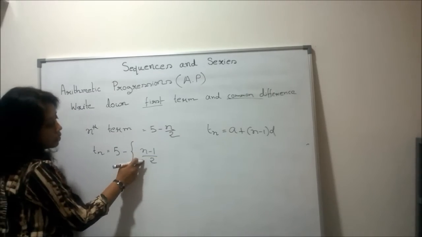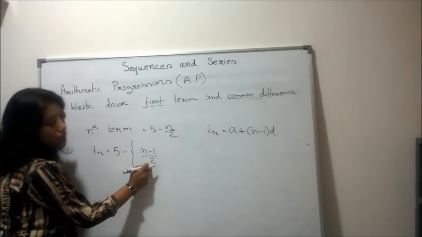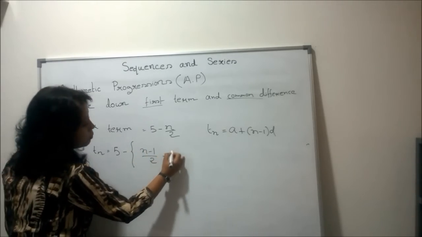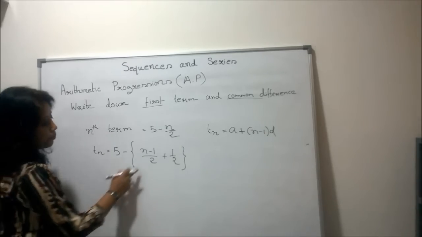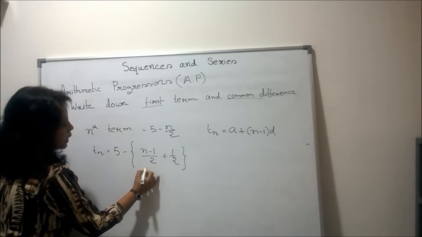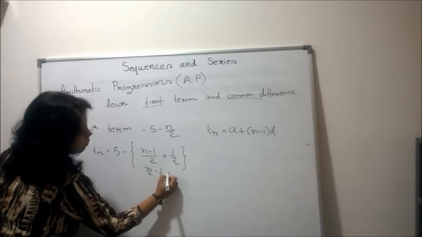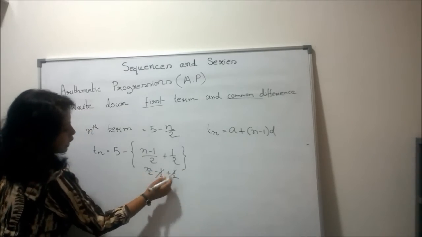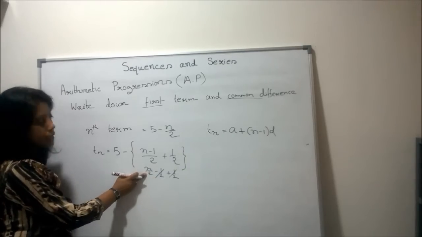But for this we have taken 1 minus 1 by 2 extra. So we have to add it. Okay. It looks like that. It becomes n by 2 minus half plus half. It cancels. We are just left with minus n by 2.